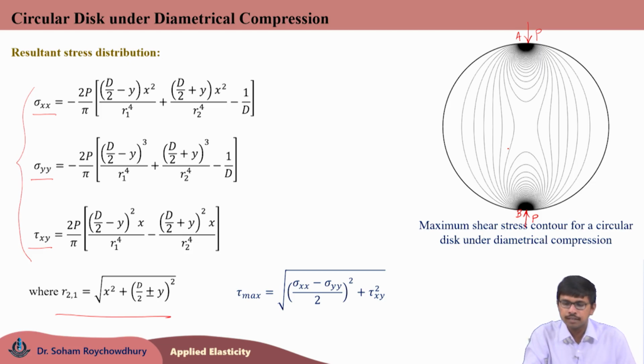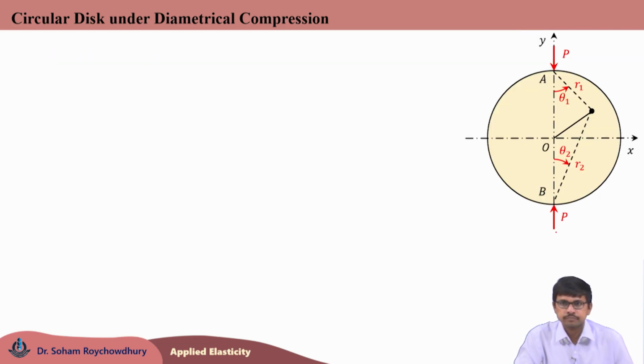So, these are the maximum shear stress contours. They will look like this for the case of a circular disc subjected to diametrical compression.